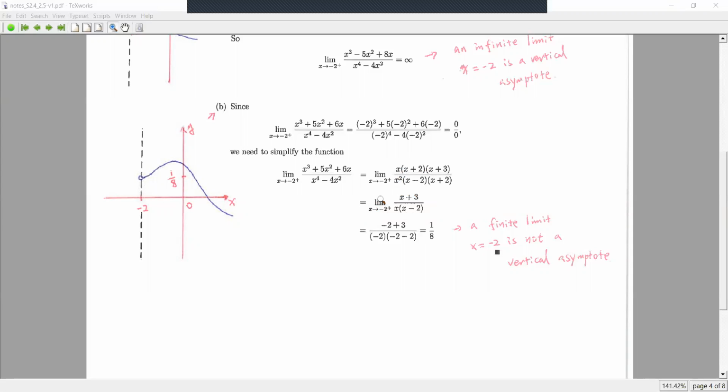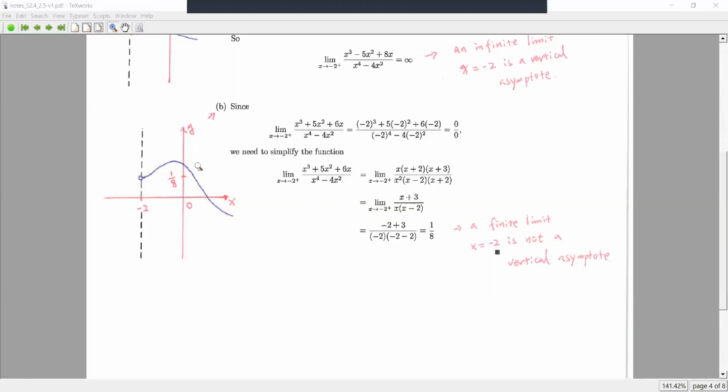Now to find this limit, direct substitution again, plug in negative 2 in x, then the limit is this number. Now this time, this number is 1 over 8. Therefore, this limit is 1 over 8.